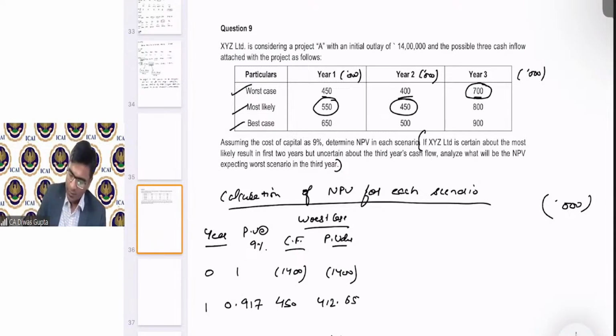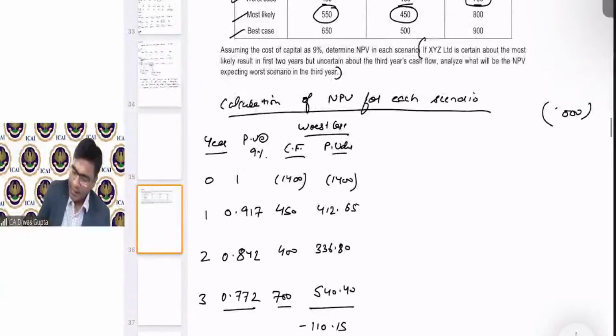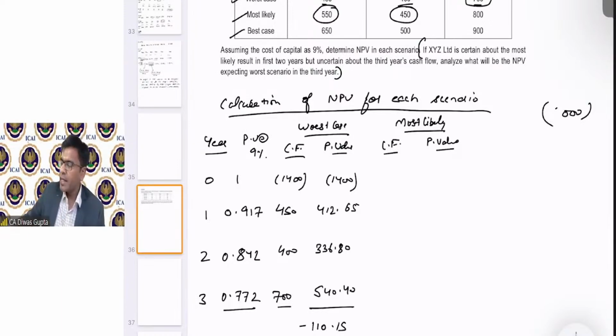Then worst case then becomes most likely. Most likely the cash flow is how much and the present value is how much. So the cash flow for most likely again for the first year will be 1400. Then the second year will be 550, 450, and third year will be 800.